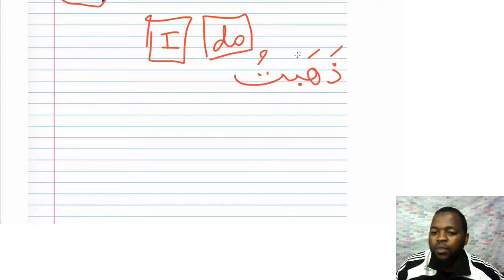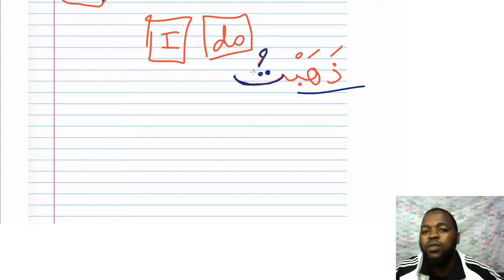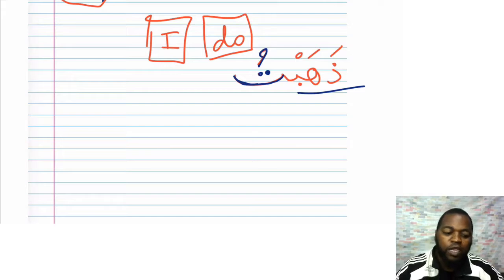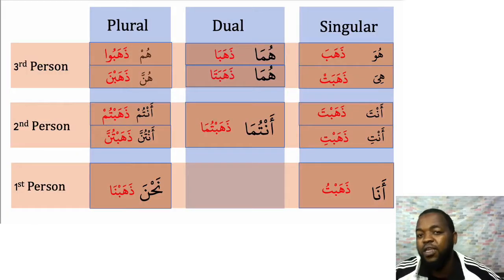But this is Arabic. So when I say dhahabtu, where is the verb? The verb is here. Where is the subject of the verb? The performer of the action is here. Tu. This is how it works in Arabic, and you need to be able to identify them properly.